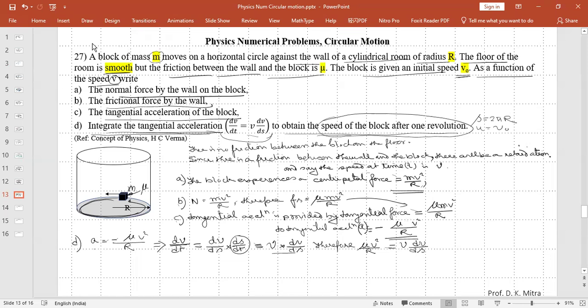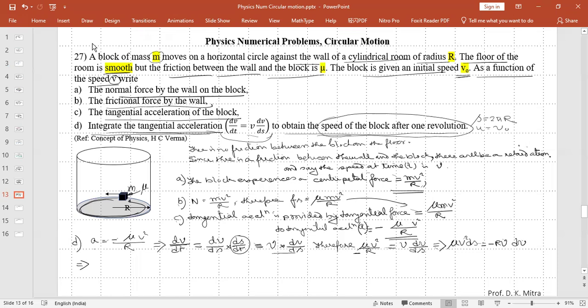So by cross multiplication, we can find out mu v square ds is equal to, acceleration was negative here, minus r v into dv. By cross multiplication, I can find it here. So from here, we go to the next step.